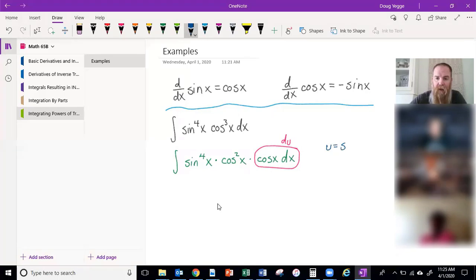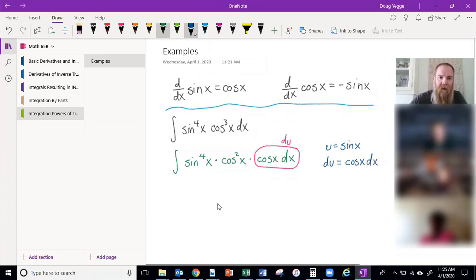Yeah, so we would like u to be sine x so that we could force that single odd power to be our derivative, which is why our du is cosine x dx. All right, well, that's kind of nice, because doesn't that mean that we can now rewrite this as u to the fourth?